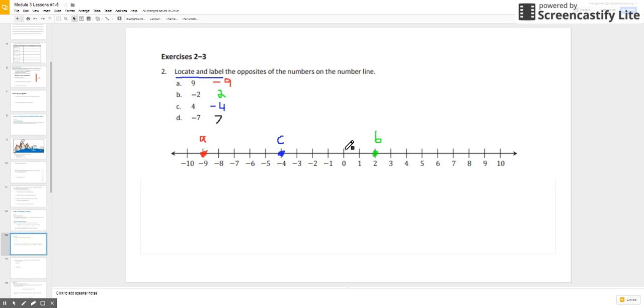Negative 7 is 7 units away from 0, so positive 7 is 7 units to the right of 0. Remember, we found the opposites of each of the numbers. That's the first part, dealing with opposites. Please make sure you're reading carefully to identify what they want you to do and where they want you to do it before you just go into it. Let's stop the video, and then we can move on with exercise number 3.